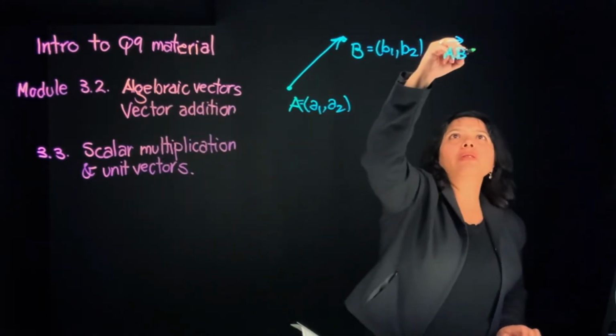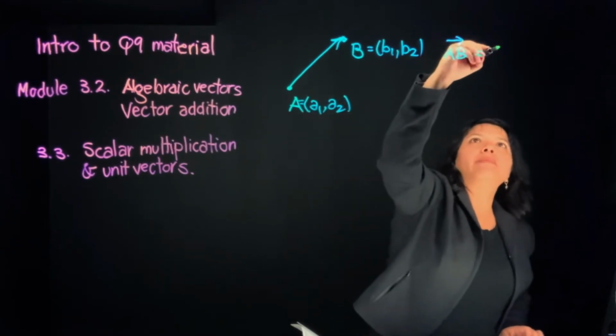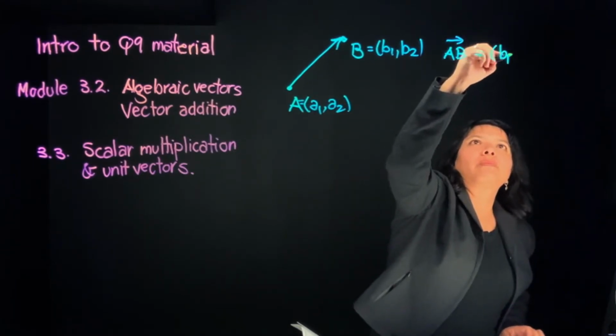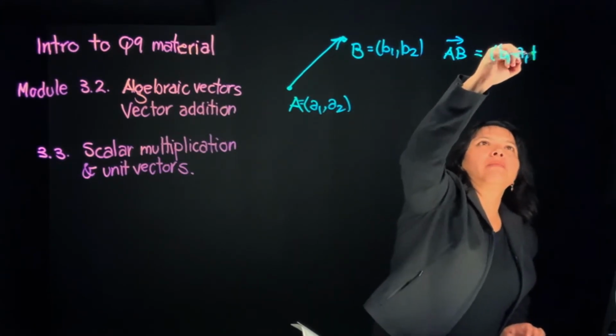So what we're going to do is B1 minus A1 and B2 minus A2.